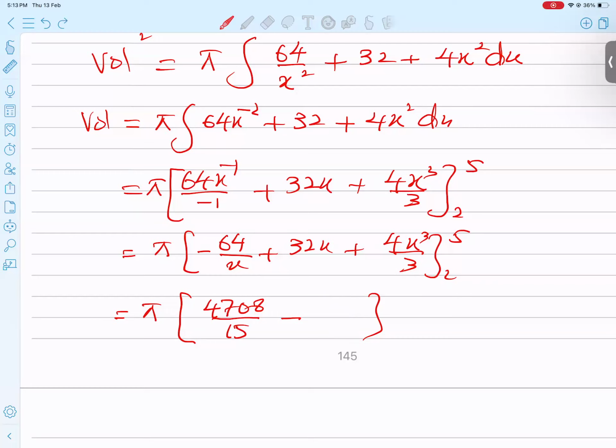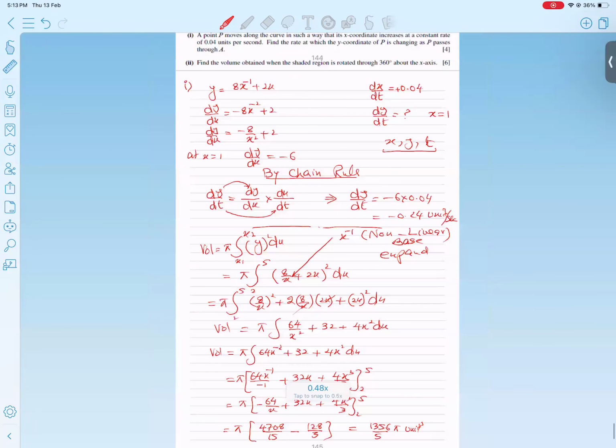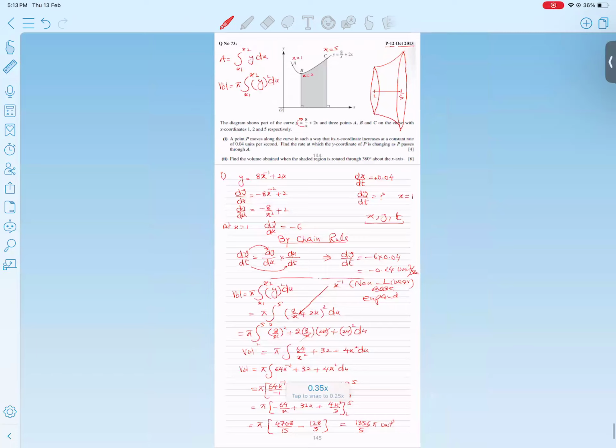Negative 64 over 2 plus 32 into 2 plus 4 into 8 divided by 3 becomes 128 by 3. If I subtract, students, I get the answer 1356 by 15, sorry, pi units cubed. So Alhamdulillahi Rabbil Alameen, I think the point is very clear and the question is completely over.